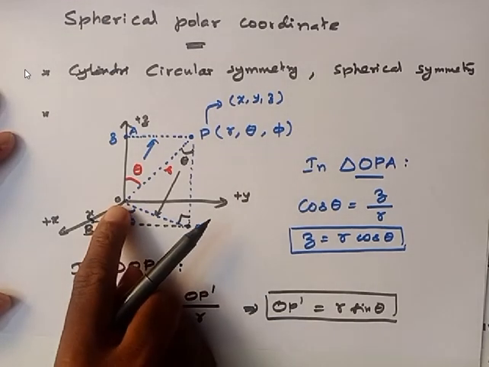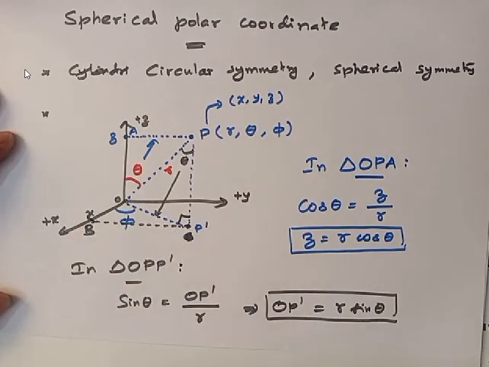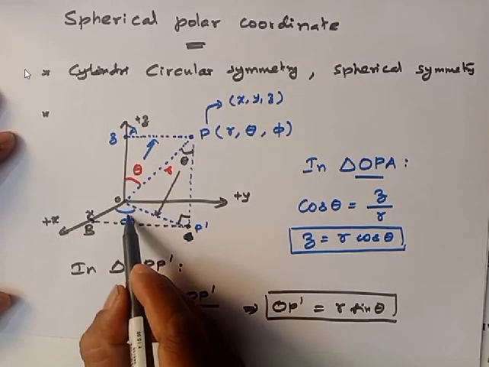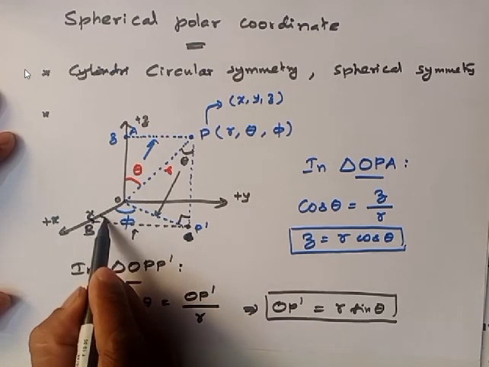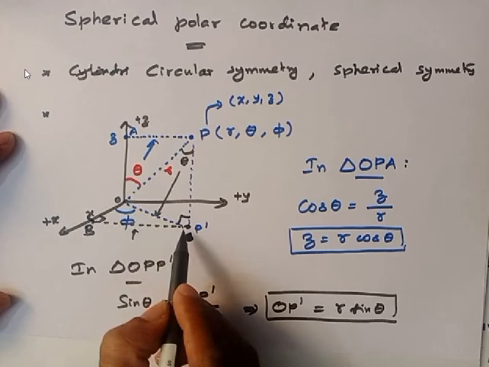Now I'll take the triangle OBP prime. In this triangle, this is the opposite side, and this angle is 90 degrees, so OP prime is the hypotenuse.